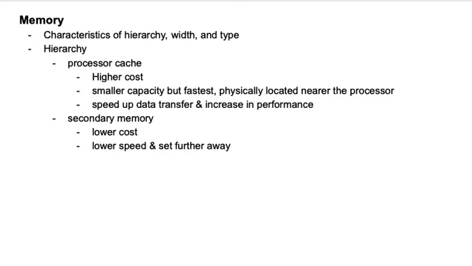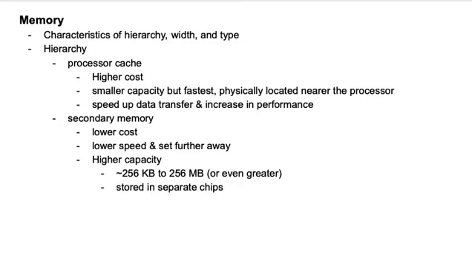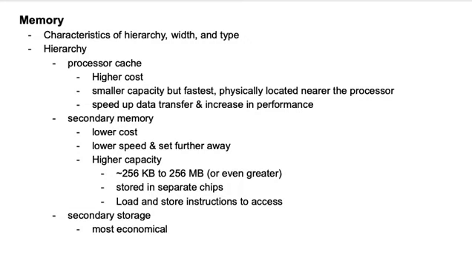The secondary memory, which is set farther away, is relatively of lower cost, but the capacity is higher. Usually this is stored in a separate chip, which is different from the processor chip. Load and store architecture and instructions are used to access the secondary memory. In addition, there is the more economical, slower speed, but largest capacity secondary storage that can be used for data storage.